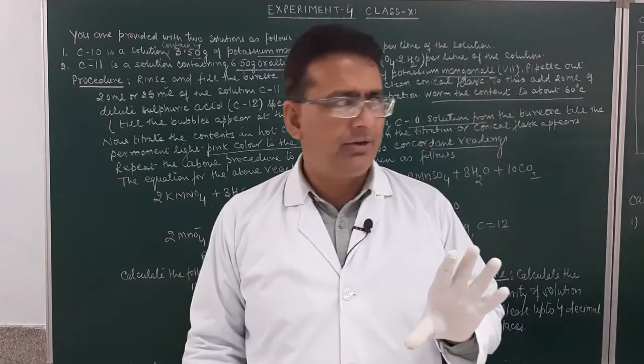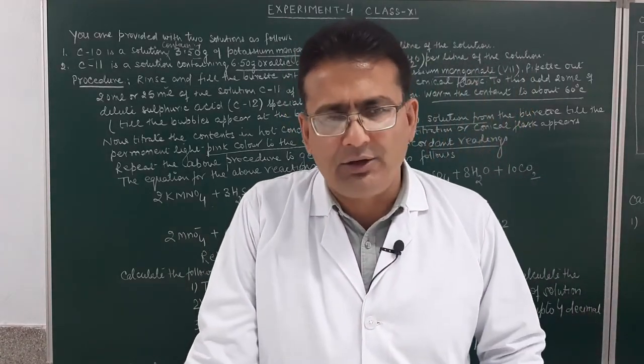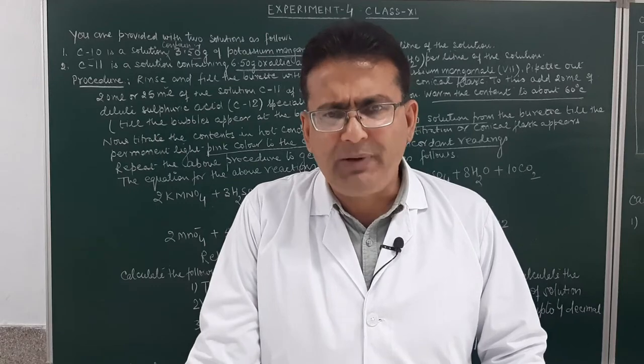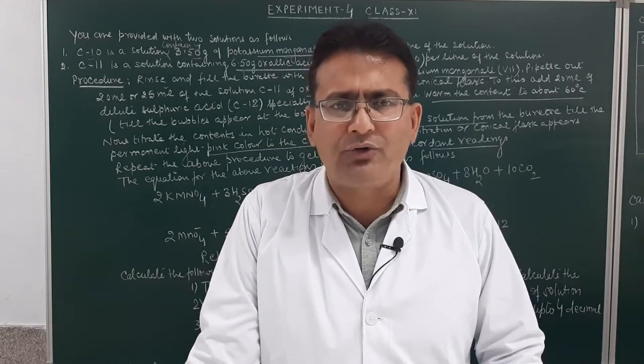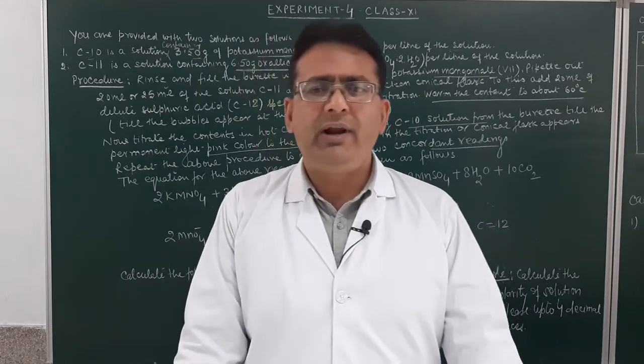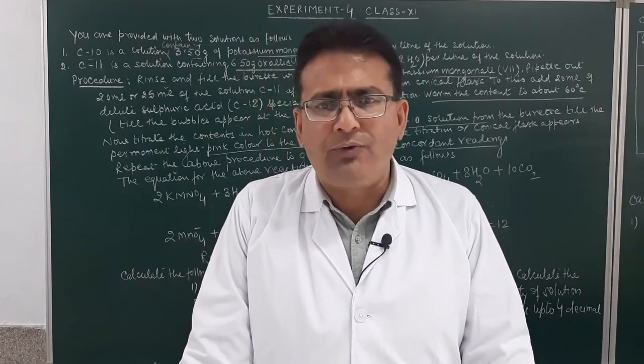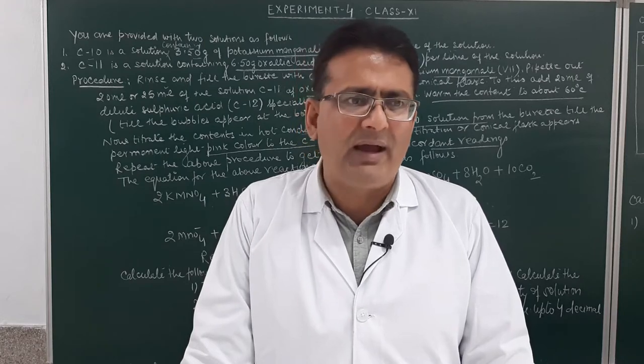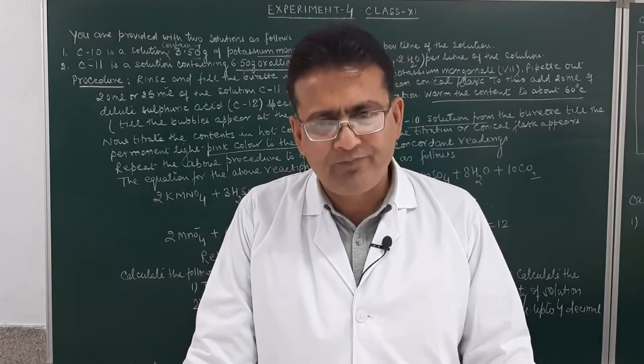What is to be done? We will take a burette and fill it with C10 solution. Then pipette out 25 ml of oxalic acid solution into the conical flask, and to this we will add 20 ml of sulfuric acid, measured through a measuring cylinder.